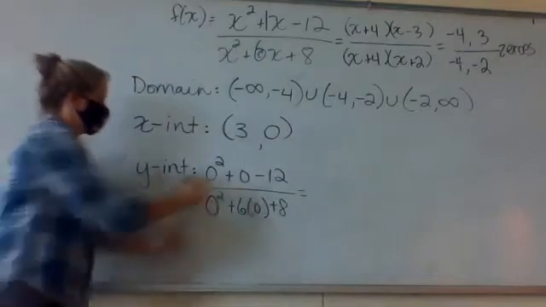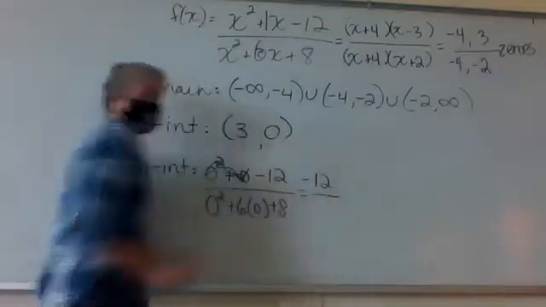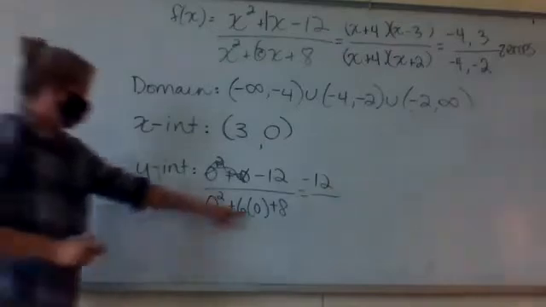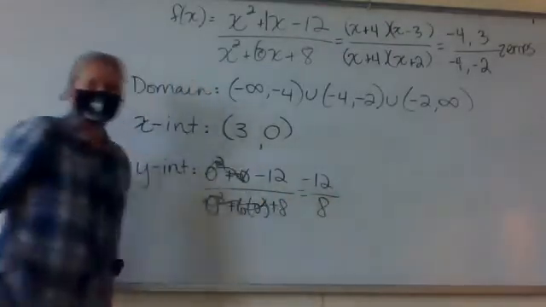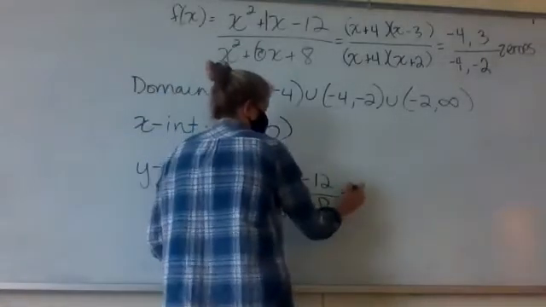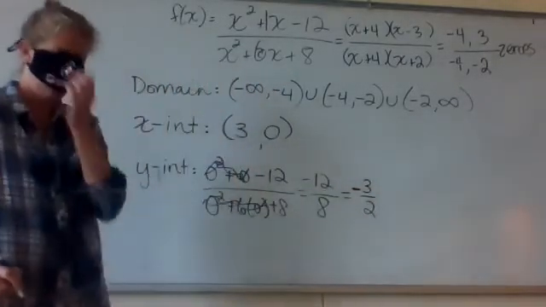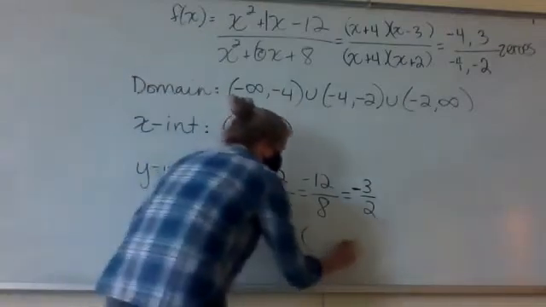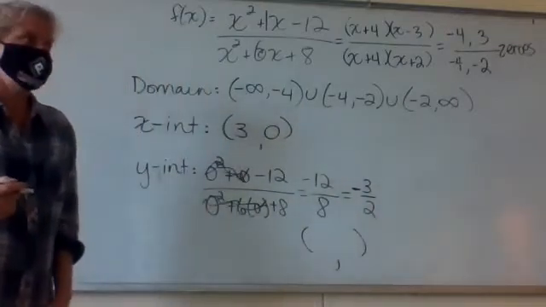Well, look, if this is all 0, all I'm left with is -12. If this is all 0, all I'm left with is 8. If I reduce that, let's see, 4 goes into both of those. So we'll reduce to -3 over 2. So that is your Y-intercept. That's where it's going to cross the Y-axis.